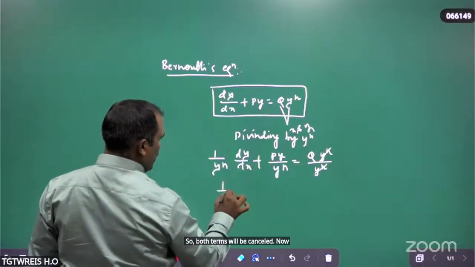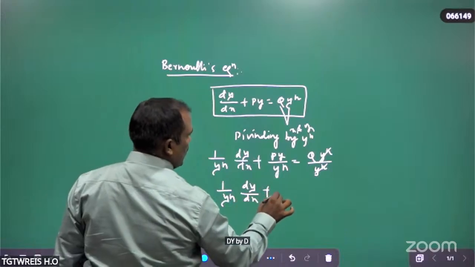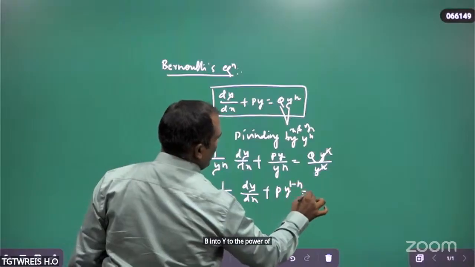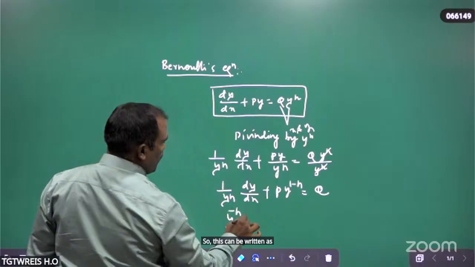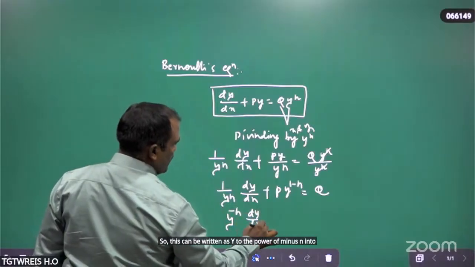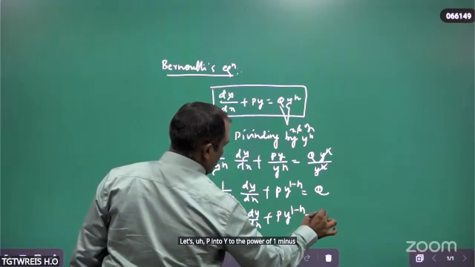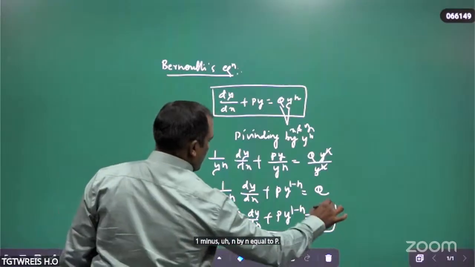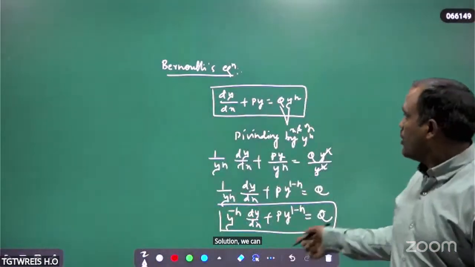Now I write y to the power of minus n into dy by dx plus p into y to the power of 1 minus n equal to q. So this is the Bernoulli equation solution. We can do the same based on problems.